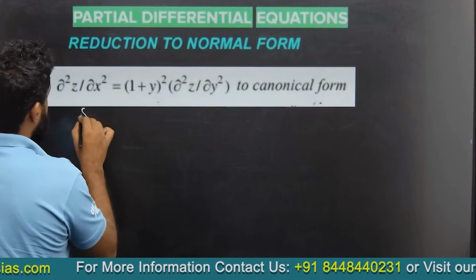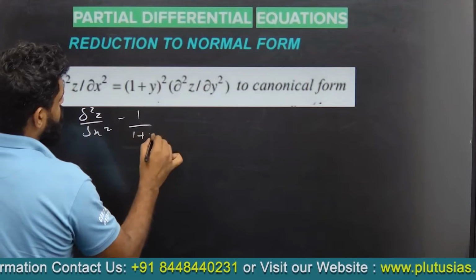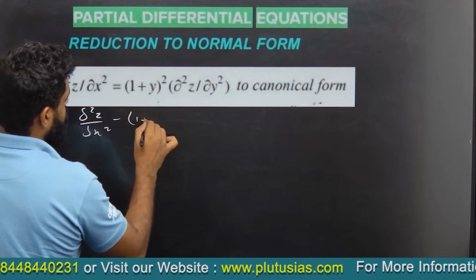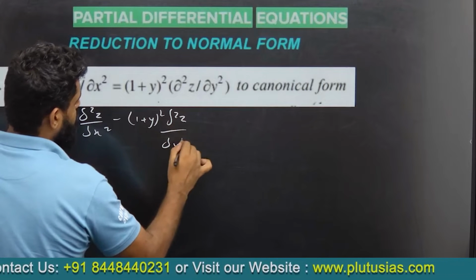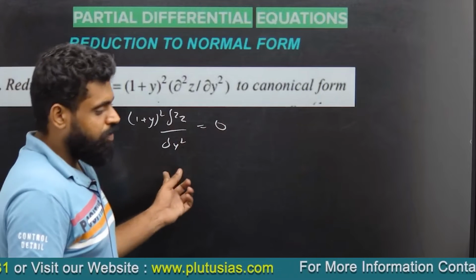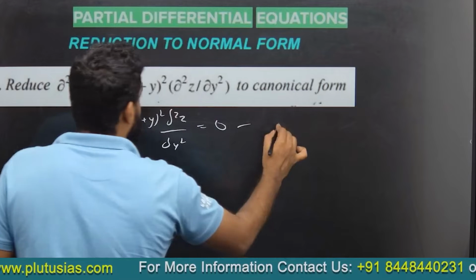Okay, so we have minus 1 upon 1 plus y, minus... Okay. So comparing it, first of all we have to find what is r, what is s, what is t. Now this is let equation 1.